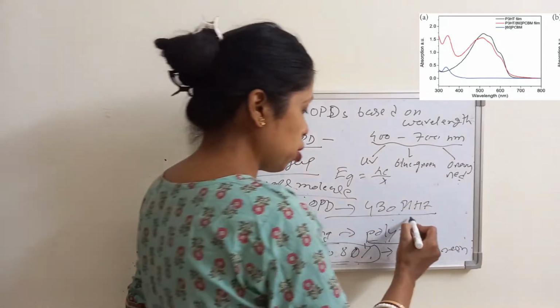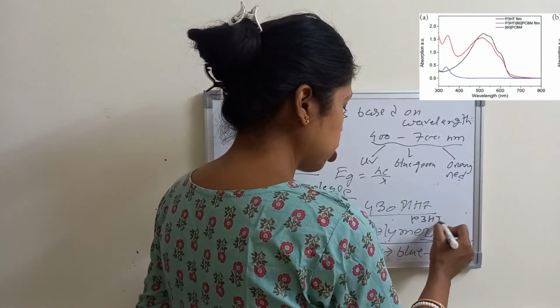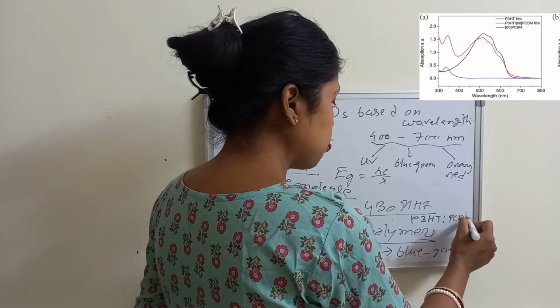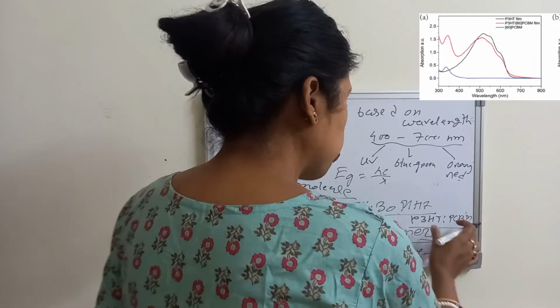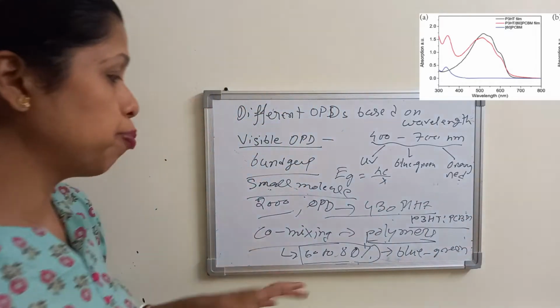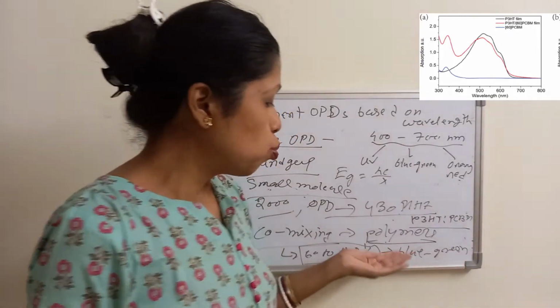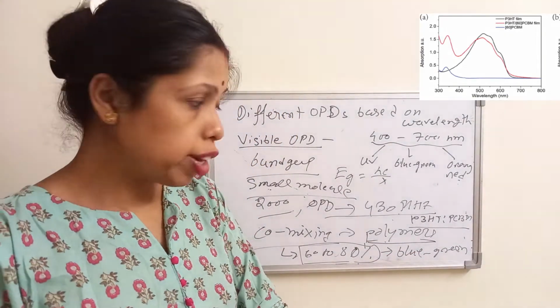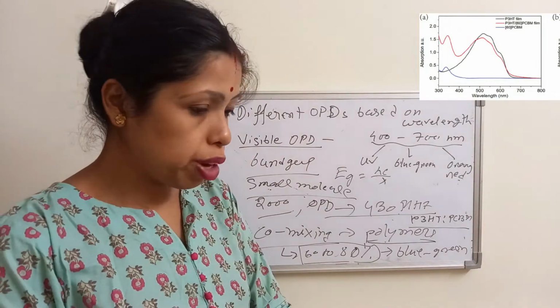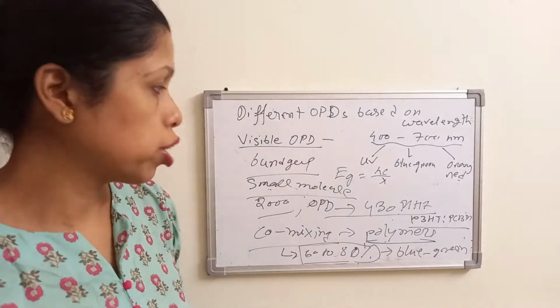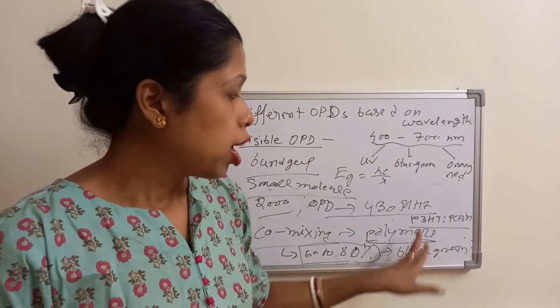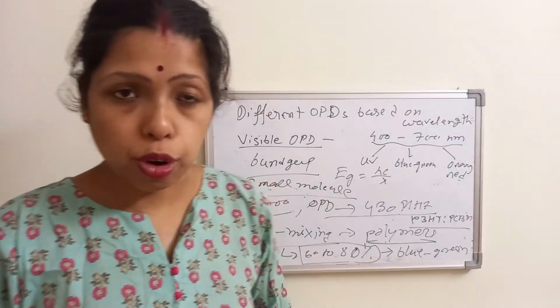One of the popular materials is P3HT and PCBM. By using P3HT and PCBM, mainly we can design blue and green light detectors. But nowadays, by different processes and techniques, we can design a red light photodetector using P3HT and PCBM also.